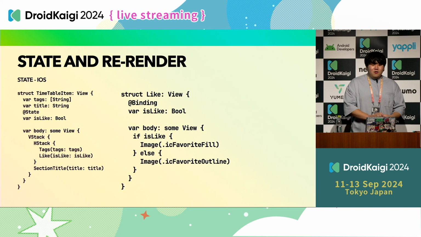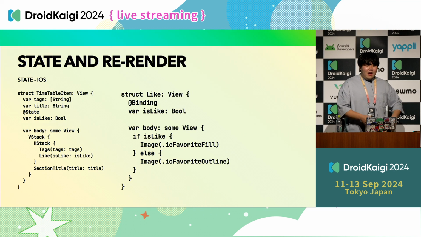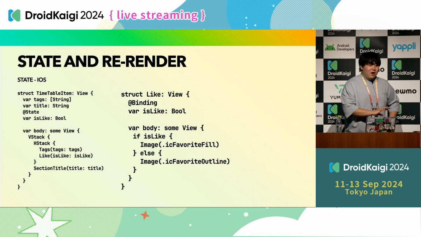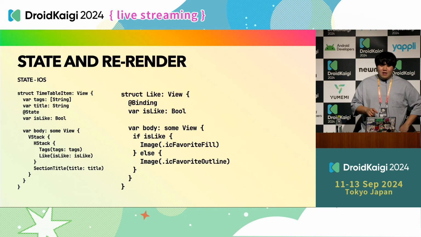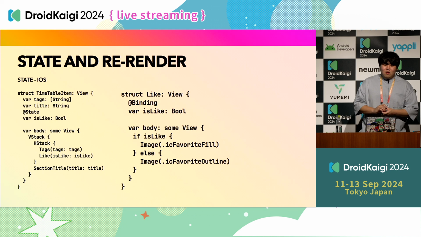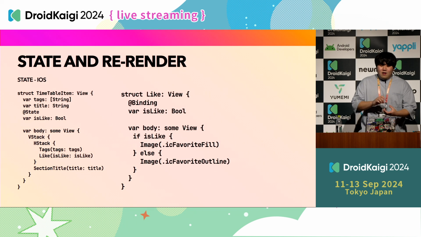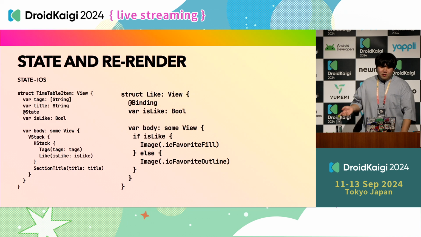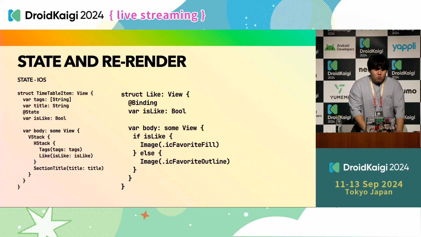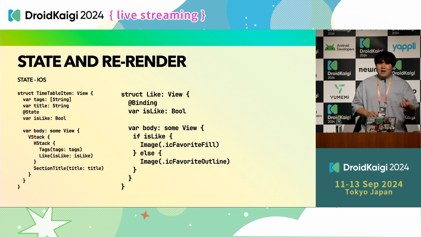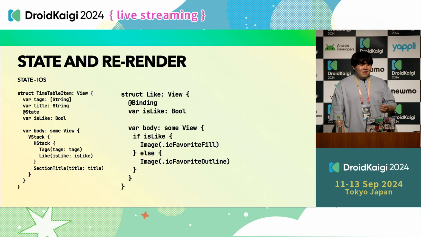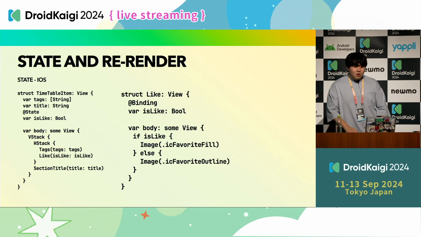Only variables annotated with State can change the view within SwiftUI. If a child view needs to modify its own state using this variable, it attaches a Binding macro to the member variable, which tells SwiftUI to use the externally provided variable to update its own content view.